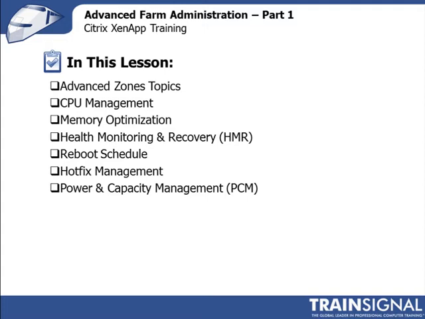What power and capacity management allows you to do is, let's say you have a very large farm, hundreds of servers. And for giggles, that farm is in Chicago. And you know that, between the hours of 10 p.m. and 6 o'clock in the morning, nobody's logged on, or very few users are going to be logged on to XenApp servers or using resources. What power and capacity management does is it will try to condense the users onto smaller numbers of servers.